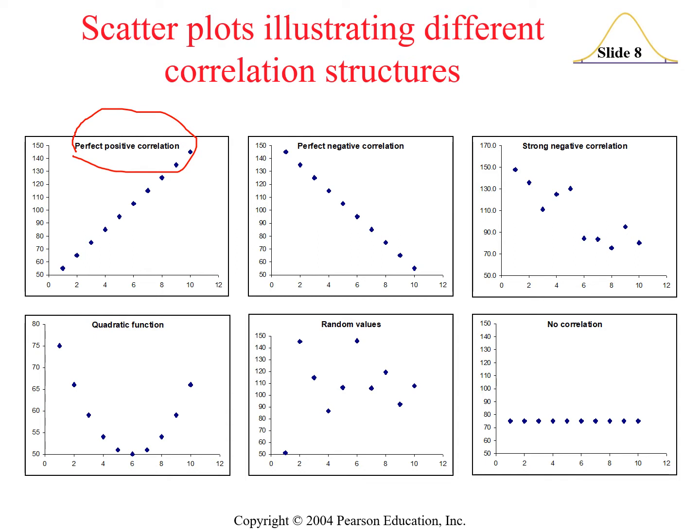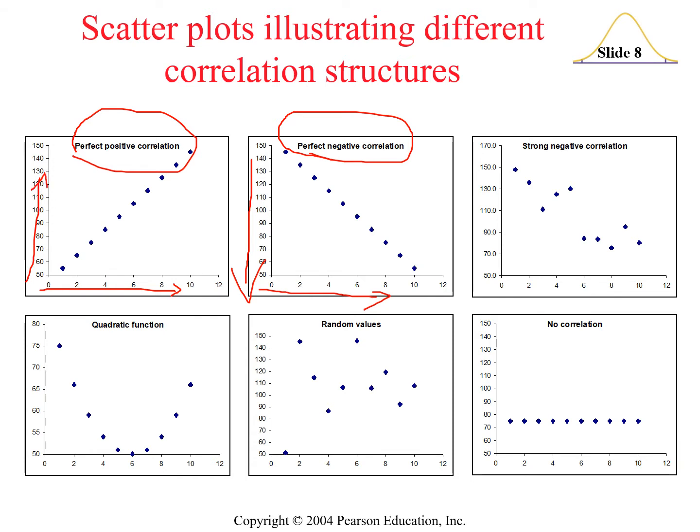We have negative slope, points represent a straight line. So this is perfect negative correlation. It means that there is 100% negative correlation between x and y. So increasing in x implies decreasing of y. This is a negative correlation. Positive correlation means increase of x means increase in y, and so on.